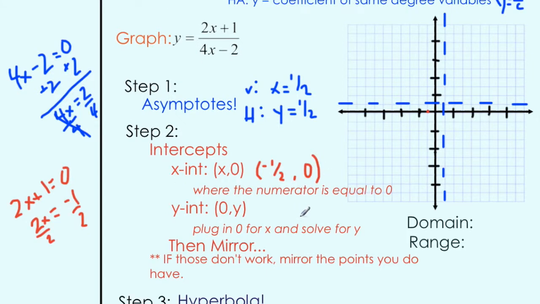Then for my y-intercept, I'm going to plug in 0 everywhere x is and figure out what y is. So 2 times 0 is 0, plus 1 is 1, and 4 times 0 is 0, minus 2 is -2. These don't always end up the same, so please don't confuse yourself.